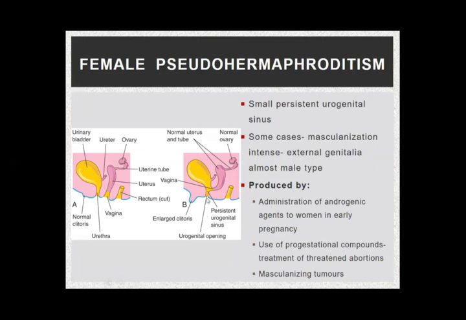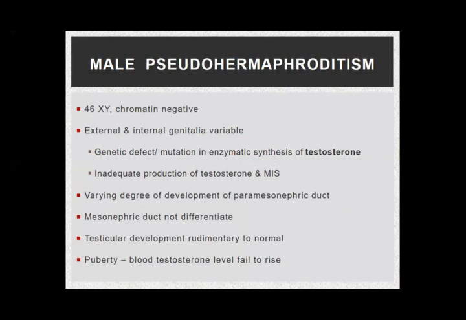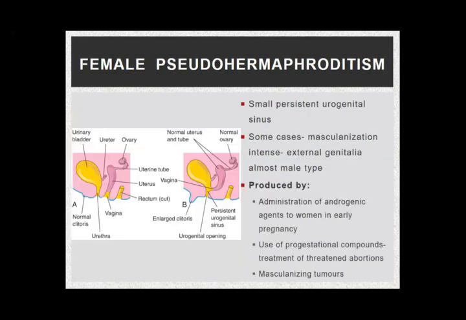देखिए, in some cases, the masculinization that develops because of high levels of androgens is so intense that the external genitalia resemble the male type.